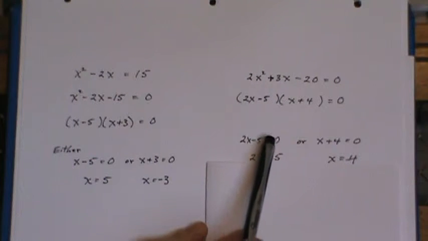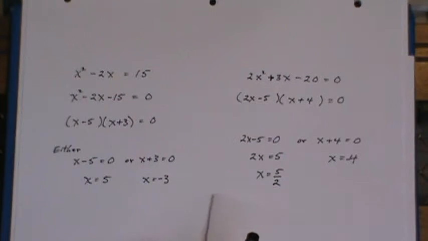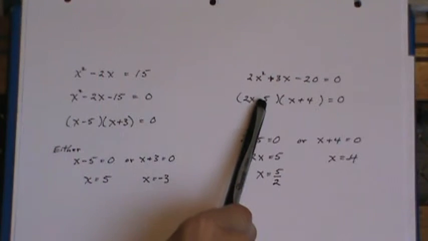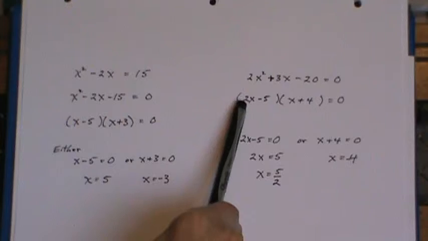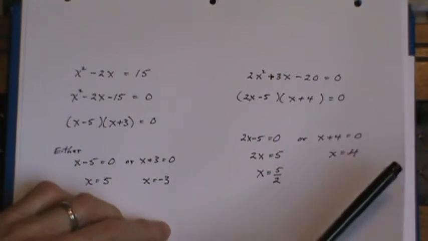In this case, when you bring the 5 over, you have to divide by 2. So if you're using a shortcut, remember it's positive 5, but then you have to divide by 2 to get the answer.